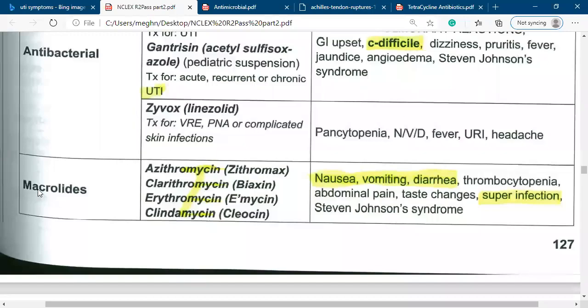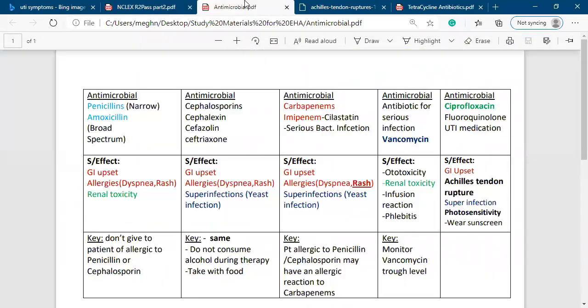Okay, so macrolide. Another name for this group of antibiotics is macrolide. They include azithromycin, clarithromycin, erythromycin, and clindamycin.